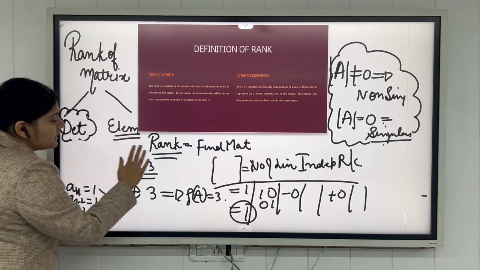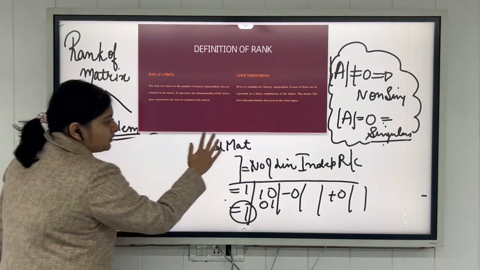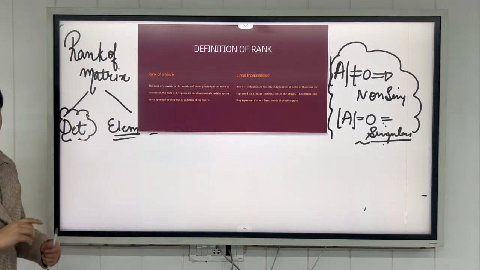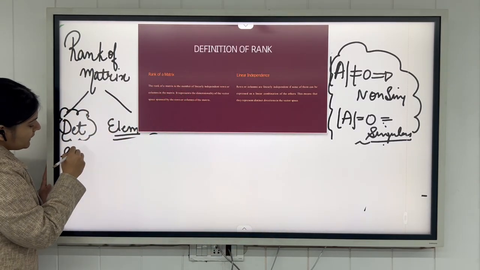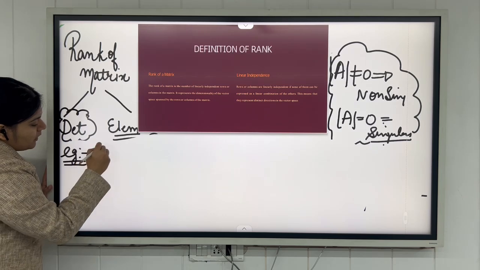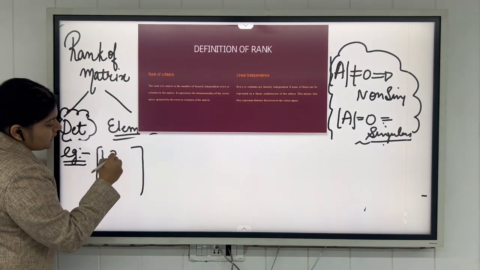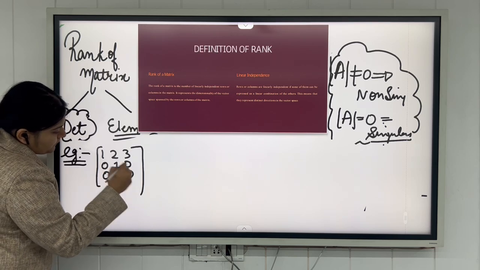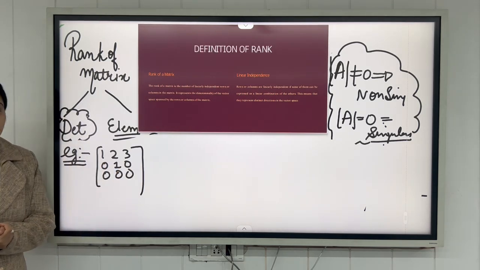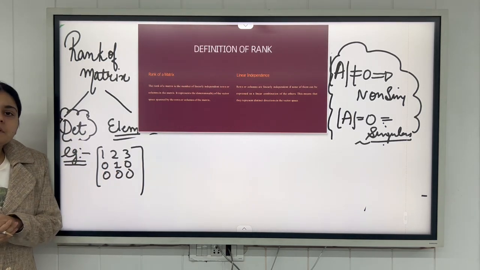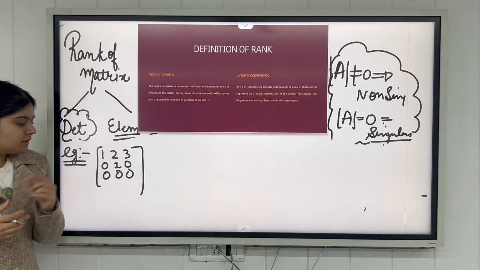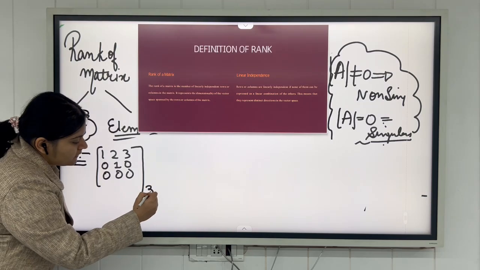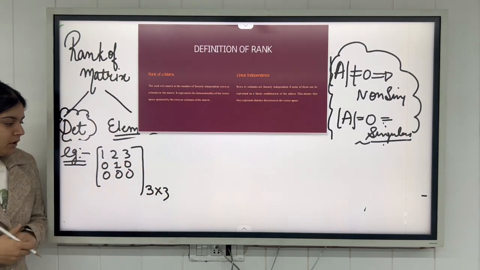Now, after singular and non-singular matrices, this was the case for the very basic part, the identity matrix. Now, let me take one example: 1 2 3 0 1 0 0 0 0. As you can see, how many linearly independent rows are there in this matrix? First of all, what is the order? 3 cross 3, 3 rows and 3 columns.